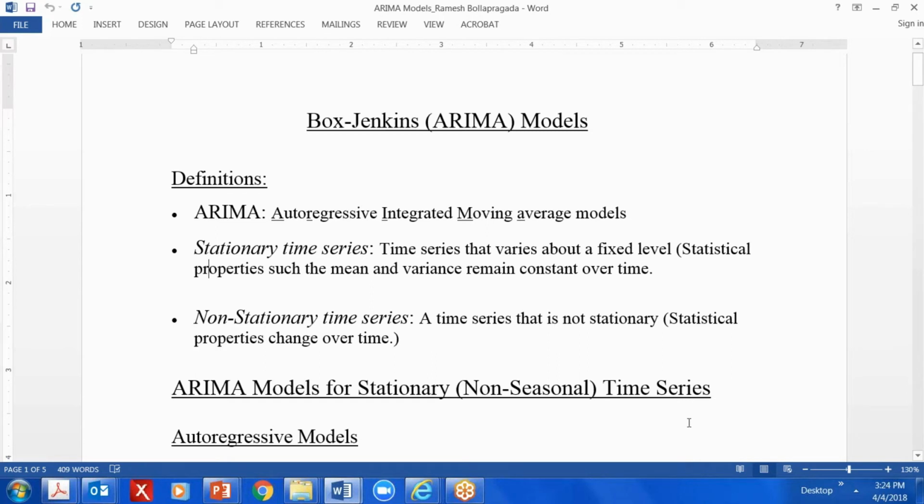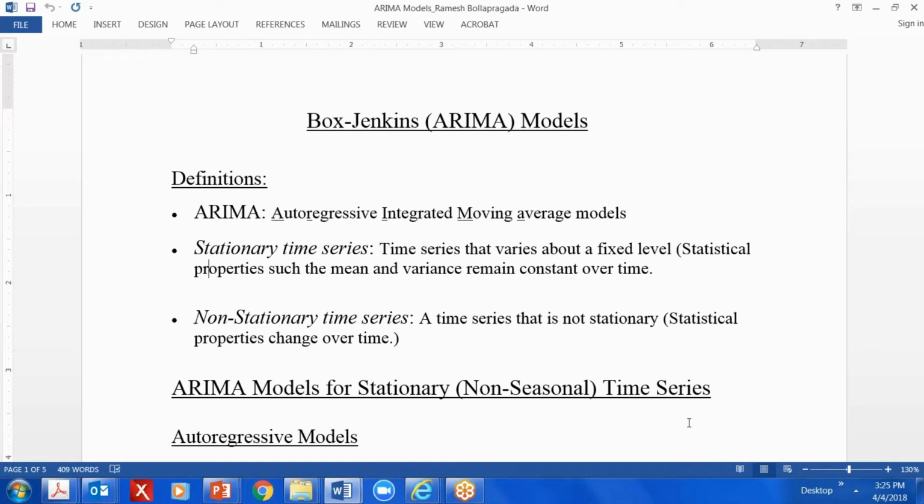First let us define what a stationary time series is and what a non-stationary time series is. A stationary time series is one where for different time intervals or time periods, the variability is more or less the same. The mean and variability properties don't change. An example is level data, when the data is moving around an average.